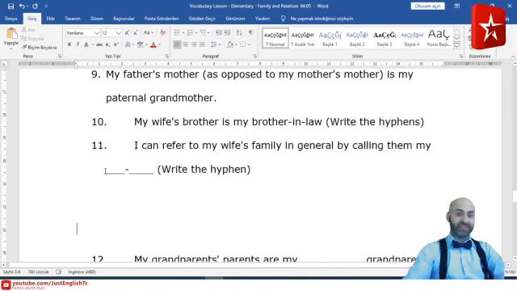Guys, we are on sentence 11. When we are talking about wife's family, in general, all of them, like the whole family, what do we call them?